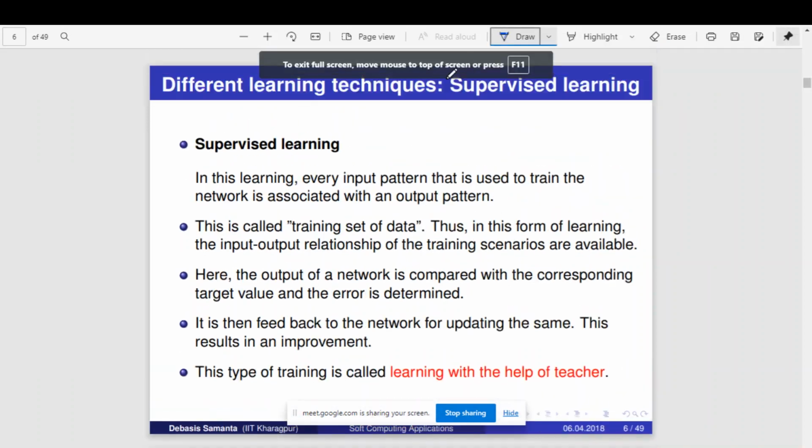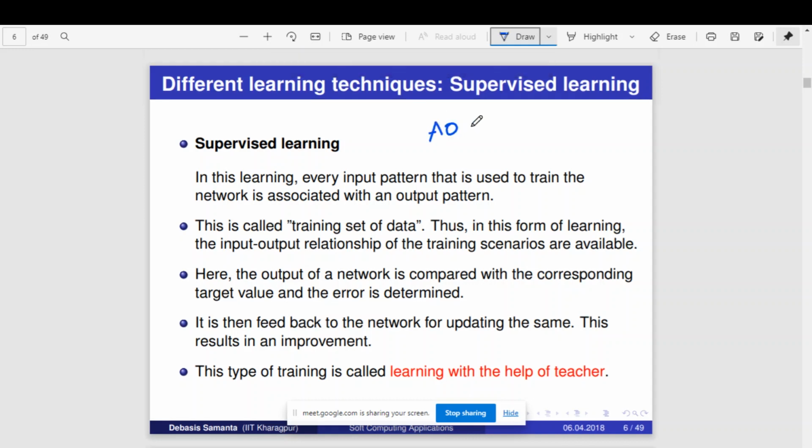We have some data points and we see what is the actual output, and then we predict an output and compute actual output minus predicted output, the whole square. Depending on that we calculate the error, and this error is given as the input, and again the weights are adjusted, and so on and so forth. That is an example of supervised learning.